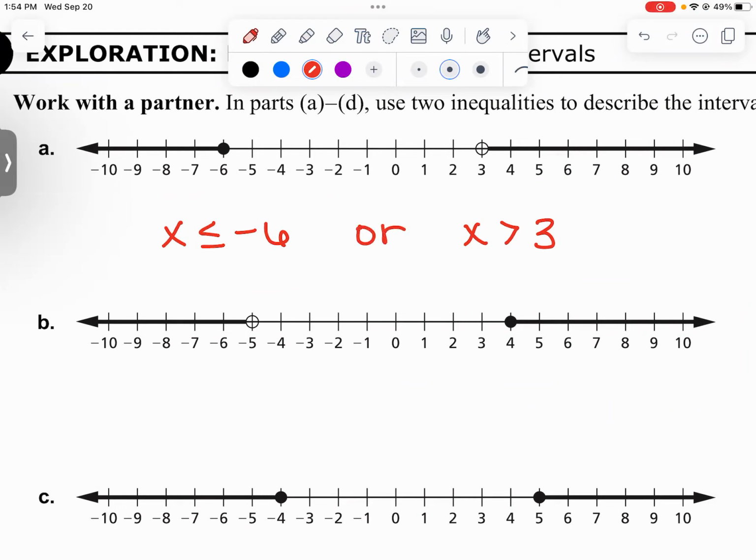It's either going to be one or the other. Here we have X is less than -5 or X is greater than or equal to 4. Okay. Either one happens or the other. Notice how they're going in opposite directions.